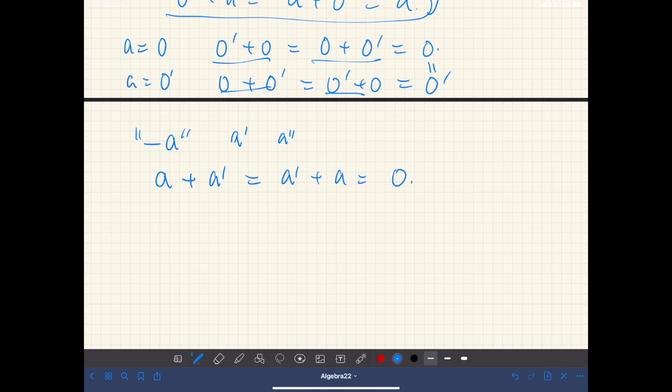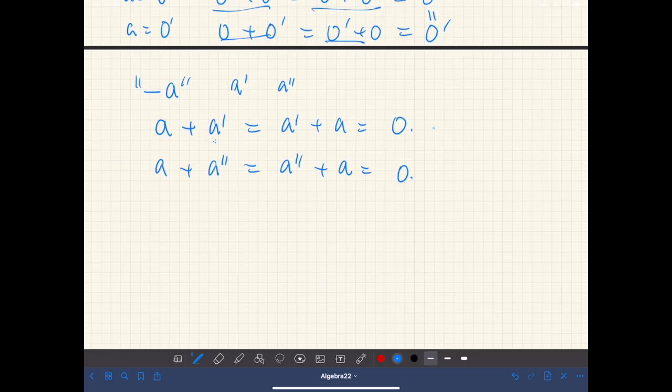If this is the case, then A prime is called the additive inverse of A. Suppose there are two such elements, behaving in exactly the same manner, then what happens?